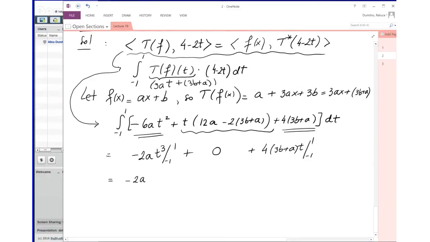Times 1 minus -1, so times 2. -4a. The value at 1 minus the value at -1 will give you 8 times 3b plus a. So overall I get 4a plus 24b. Remember that a and b are arbitrary.